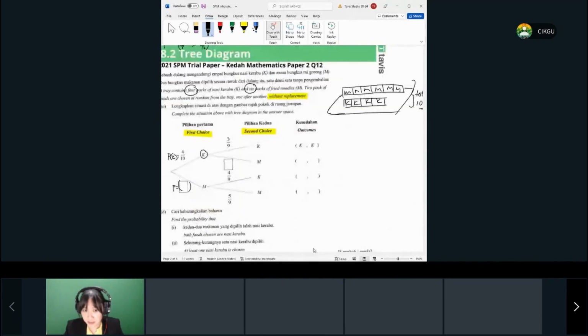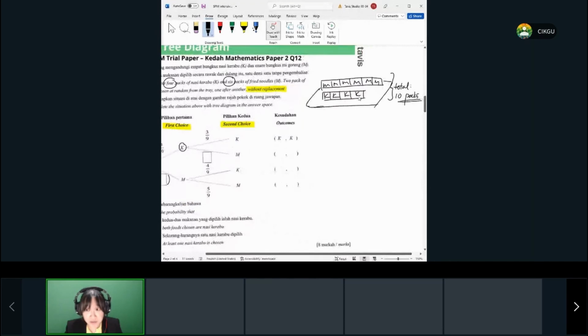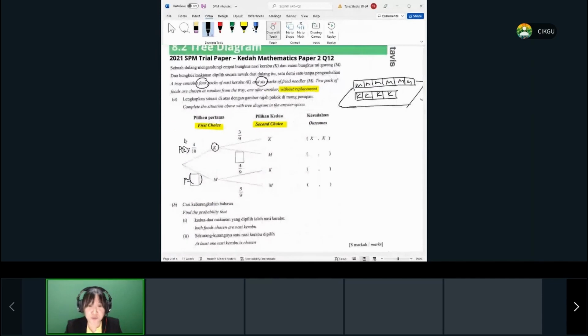Out of 10 packs, there are 4 kerabu. Yes, so the probability of picking a kerabu for the first choice is 4/10. Then instead of a kerabu, if you want to pick a mee noodle for the first choice, what is the probability? You have 6 packets out of 10, so 6/10. Done.